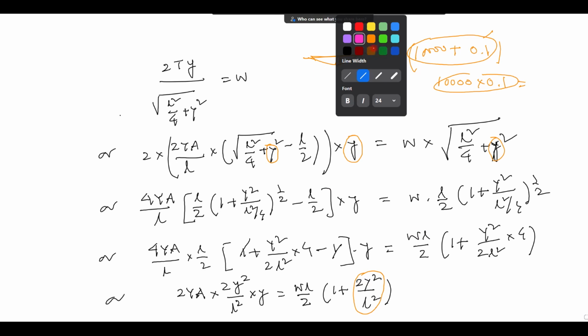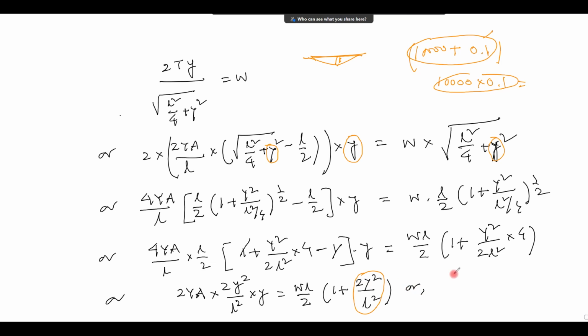Or 4YA y cube divided by L square equal to WL by 2.